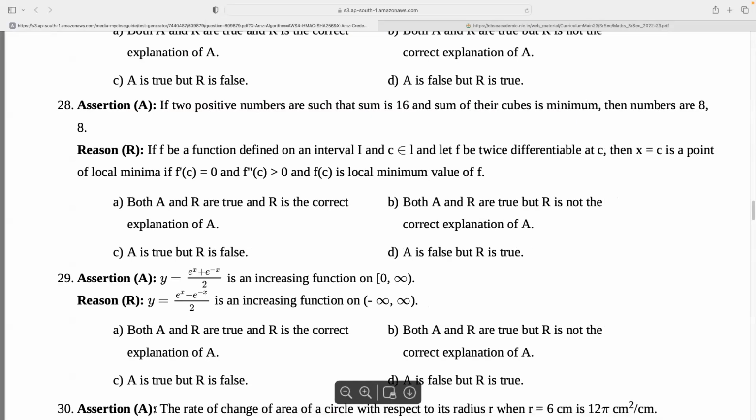So if two positive numbers are such that the sum is 16 and the sum of their cubes is minimum, then the numbers are 8 and 8. Sir, it's false. Without solving, how are you saying? See, x cube plus y cube should be a minimum.